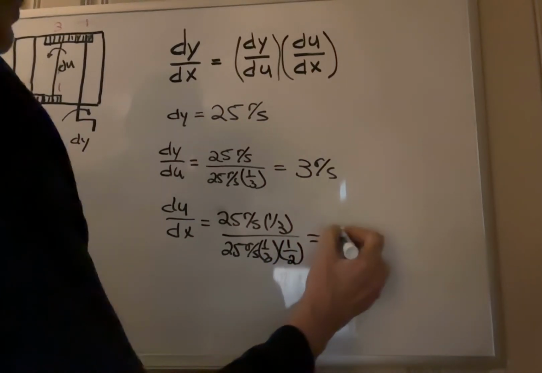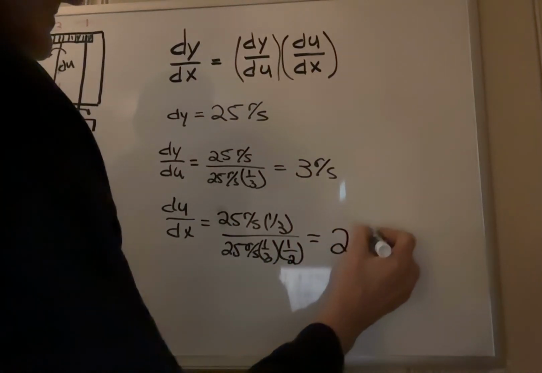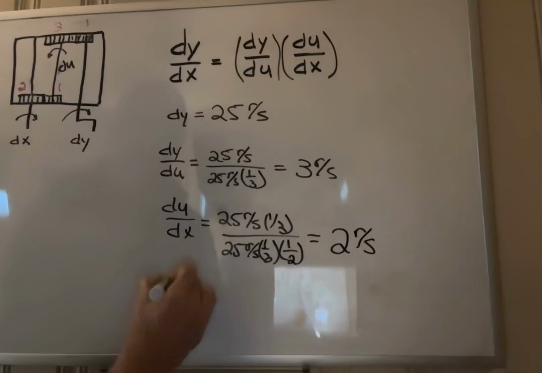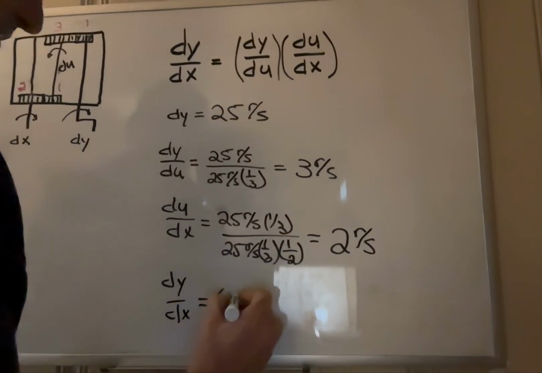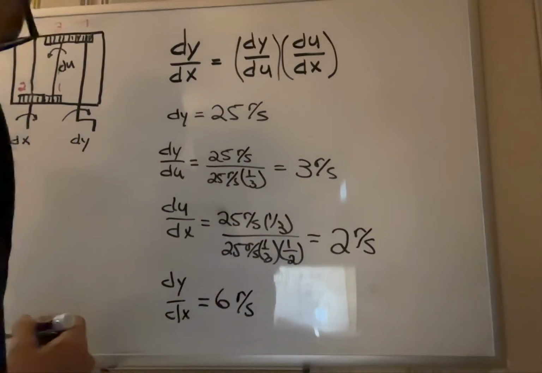This ends up being 2 revolutions per second. So I know that my dy/dx again is going to end up being 6 revolutions per second.